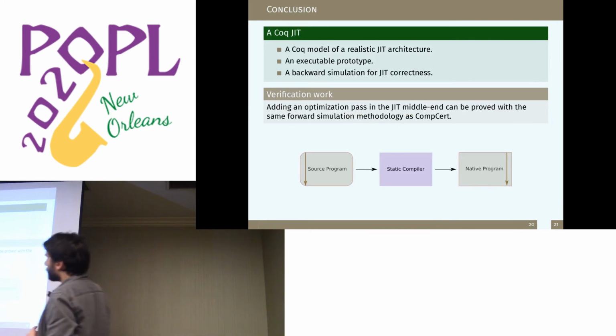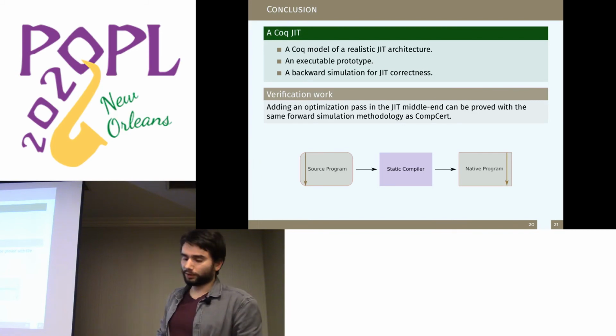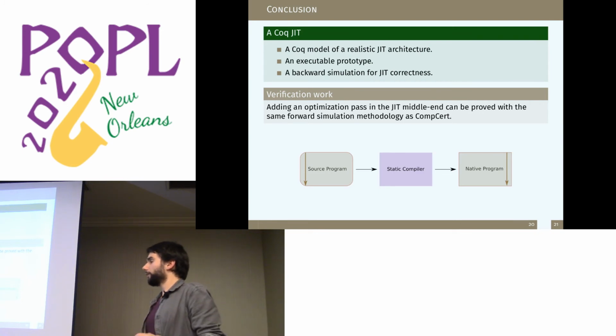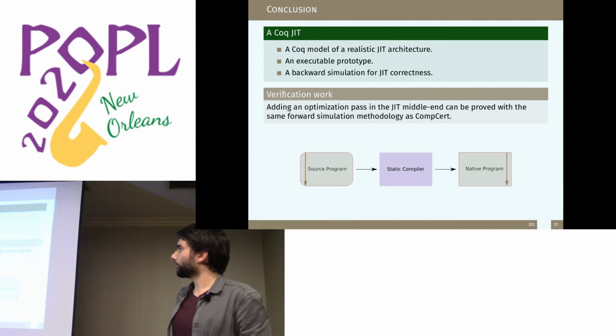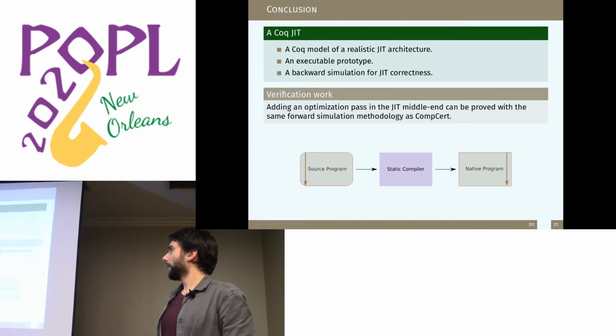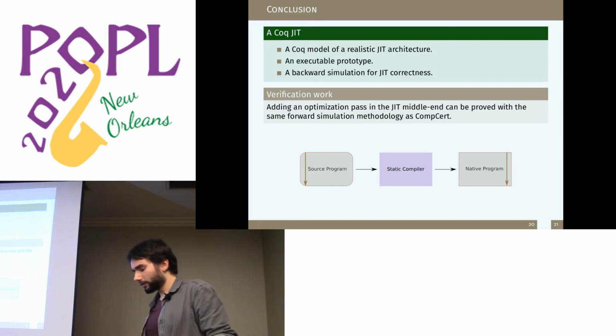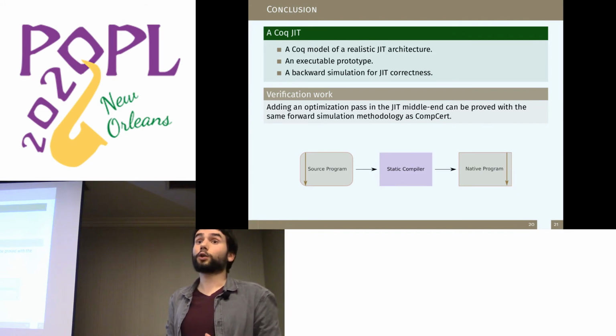So in conclusion, what we have now is a Coq model of a realistic JIT architecture. The architecture itself is much more realistic than previous work because we are doing this kind of interleaving, profiling, interpreting, and so on. And this prototype can actually be executed and run on a simple language. And we have modified the notion of backward simulation to really fit into the JIT setting. And now the takeaway is that adding an optimization pass looks very much like adding an optimization pass in a static compiler, for instance.